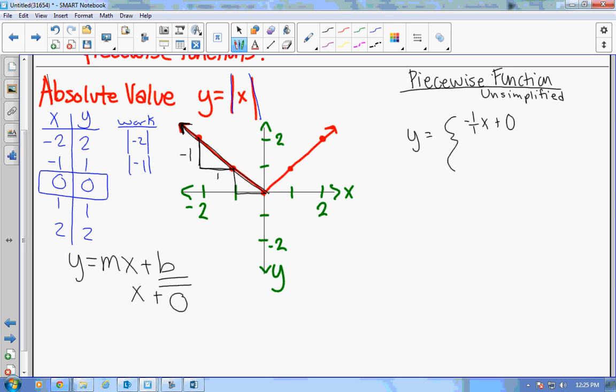Okay? Now this happens on a specific domain. This arrow here tells us it goes to the left forever. What number on the x-axis is way out on the left? And then we have a negative slope until what x value? 0.